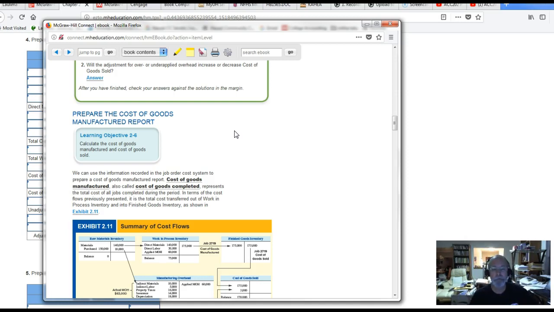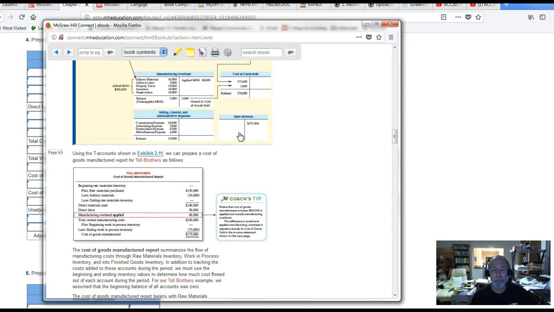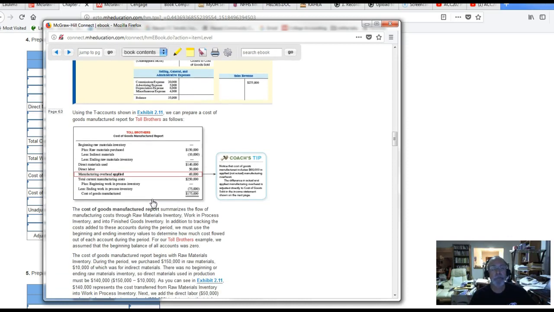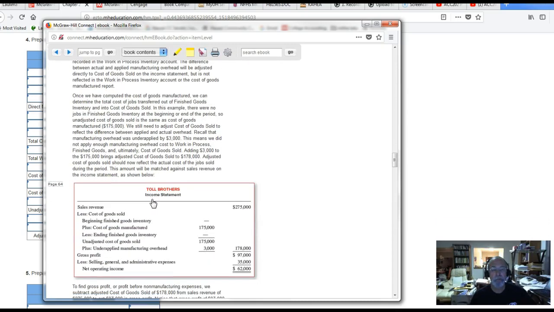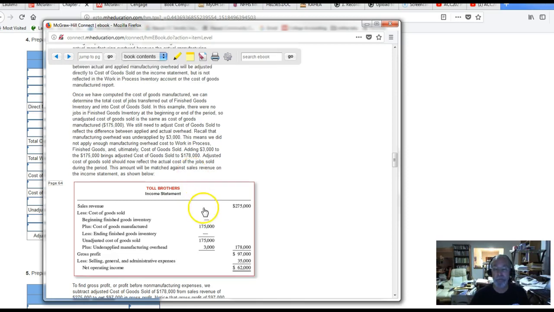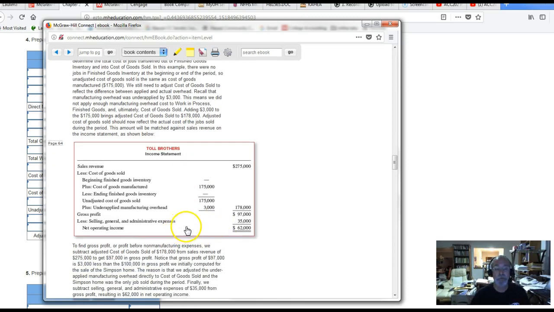And so if you take a look at the text, it shows us what a statement of cost of goods manufactured should look like on page 63, and then down just a bit further is not an abbreviated income statement, but an income statement that basically shows us the information that's required in the problem.